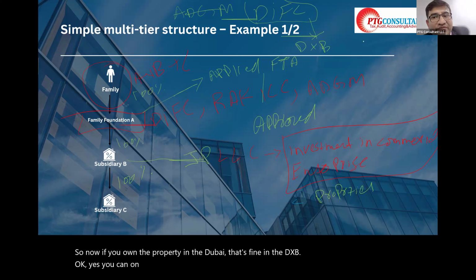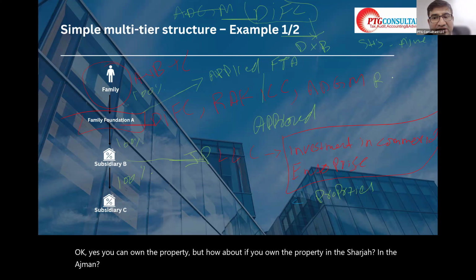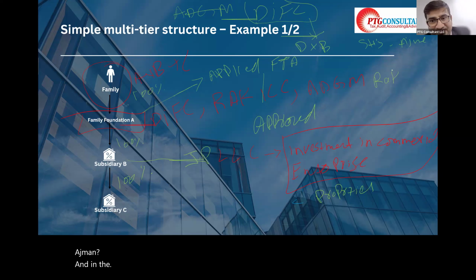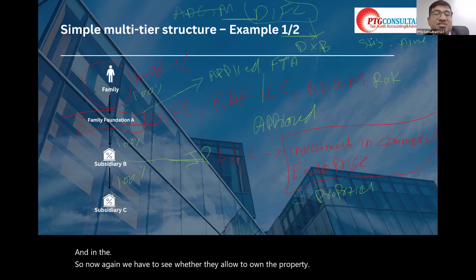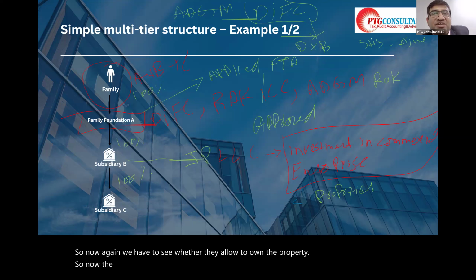But how about if you own the property in Sharjah, in Ajman, and in Ras Al Khaimah? Again we have to see whether they allow owning the property. Do the DIFC and the other Emirates have collaboration, or do they have some NOCs?